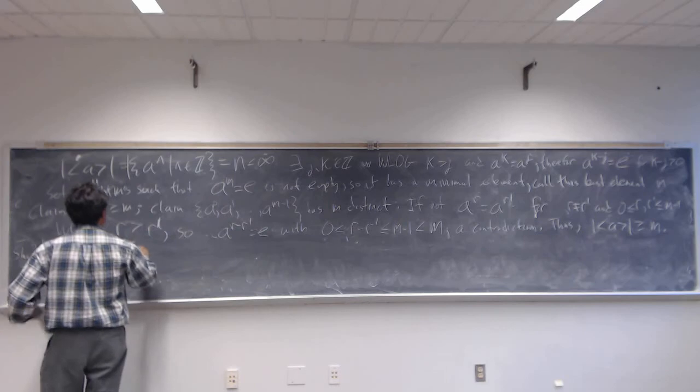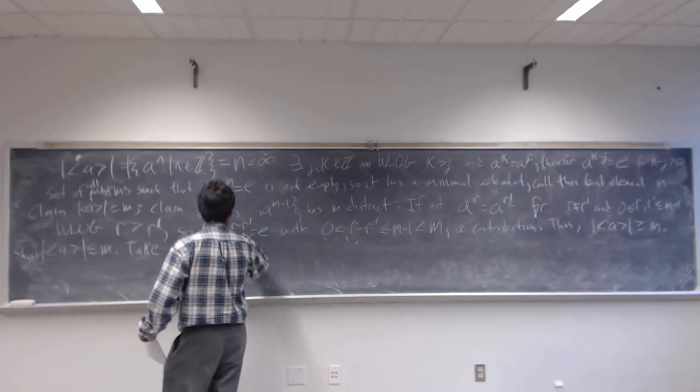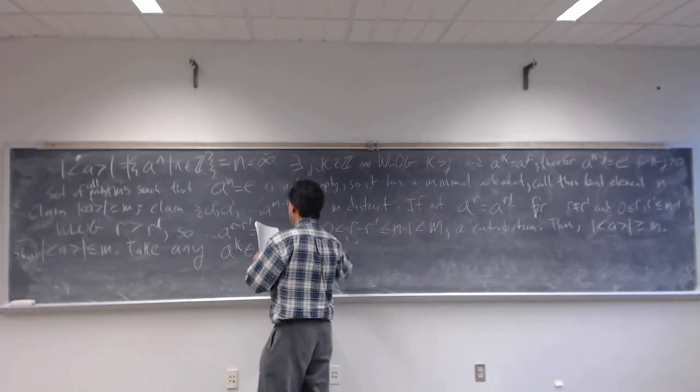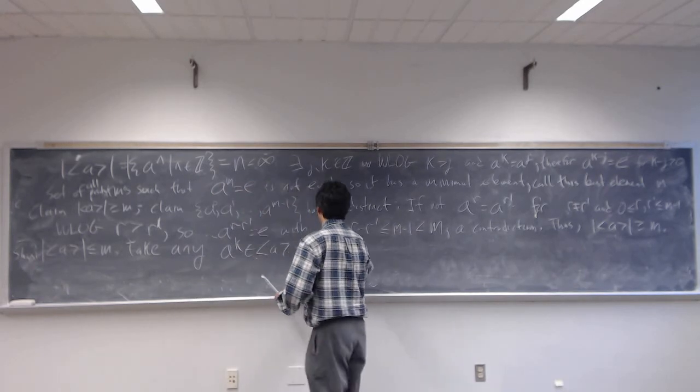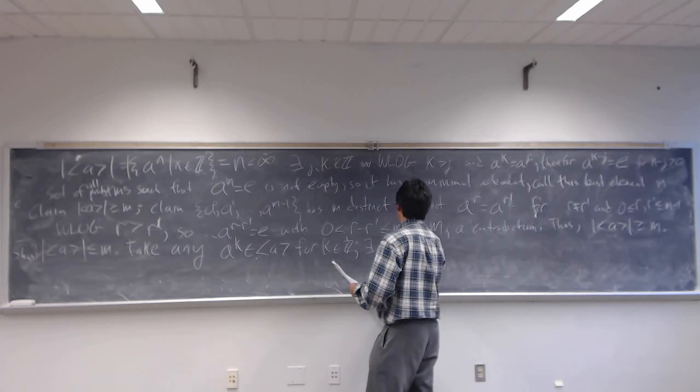So if we take any a to the k in the cyclic subgroup, so k can be any integer, we know there exists a q and an r.